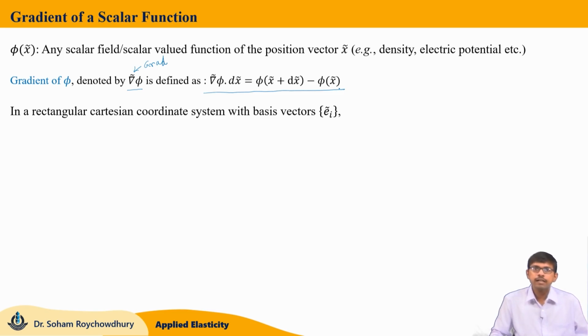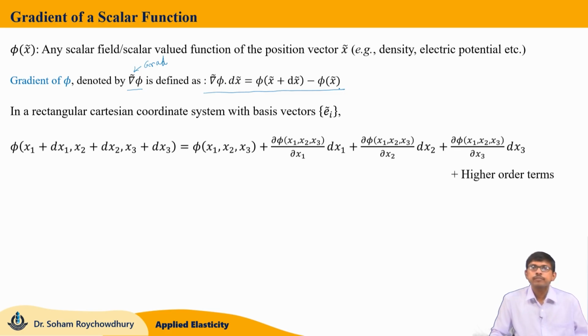So, for the rectangular Cartesian coordinate system with base vectors e_i, we can expand phi(x plus dx) in this particular form. Phi(x plus dx) has 3 components: phi of (x1 plus dx1, x2 plus dx2, x3 plus dx3).